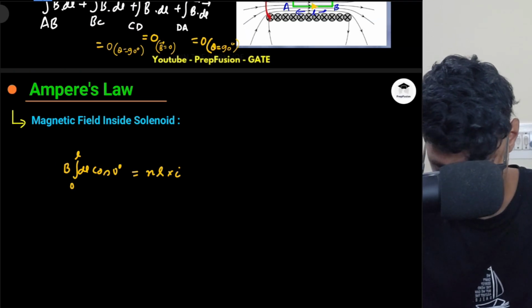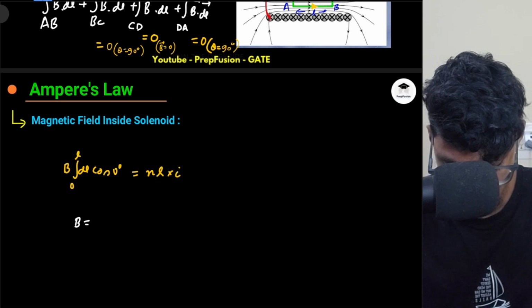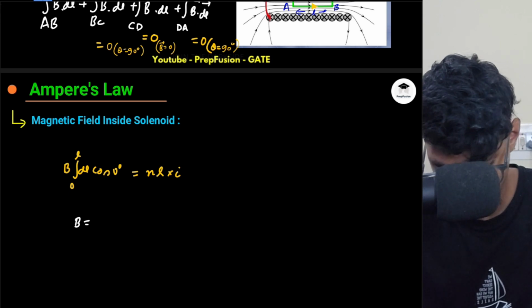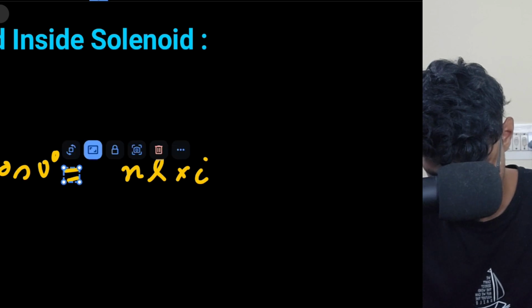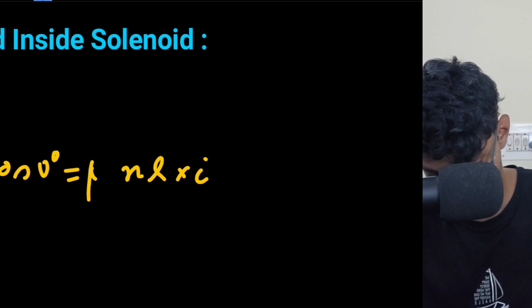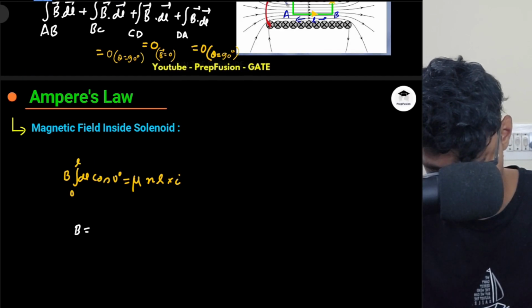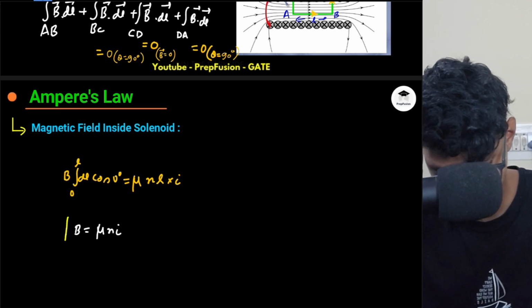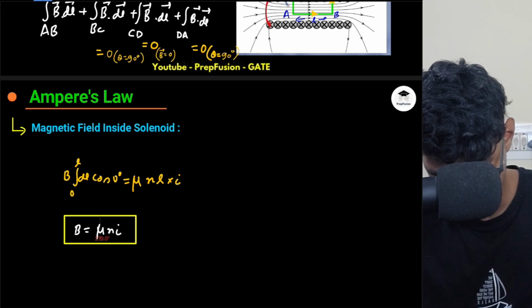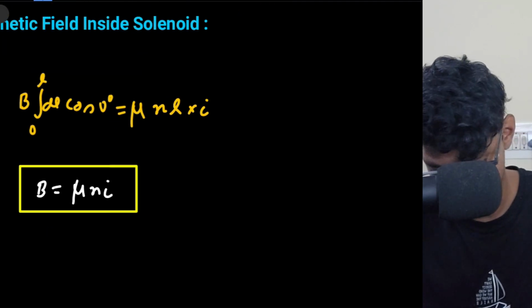So this becomes B equals mu, don't forget the mu. B becomes mu n I, and this is the simple expression. That's a simple derivation of the solenoid.